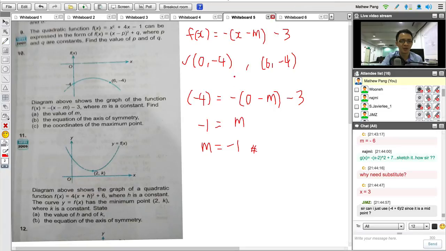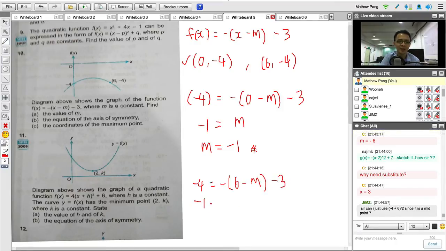Is it no? -4, this is -(0 minus m), this is -3, -3 moved here is positive 3, -m. Let's try to substitute another coordinate and see what happens. This is -4 equals -(6 minus m) minus 3.